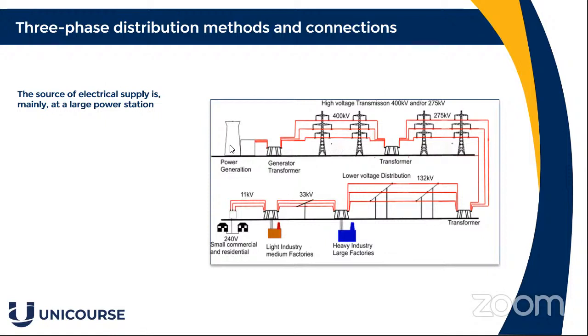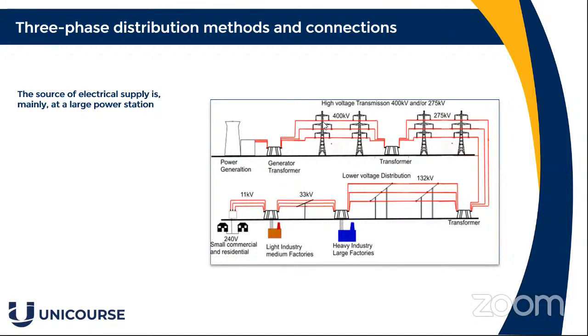What you'll notice is that the power is generated at this point here. Then we have a step-up generator, which takes it from a certain voltage up to around 400 kV, 400,000 volts. And that is then distributed around the UK.